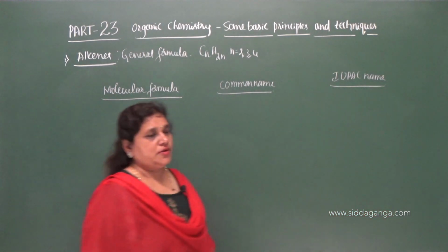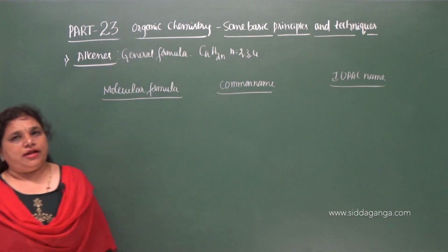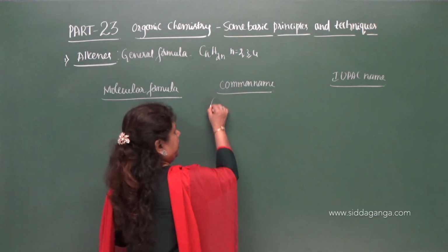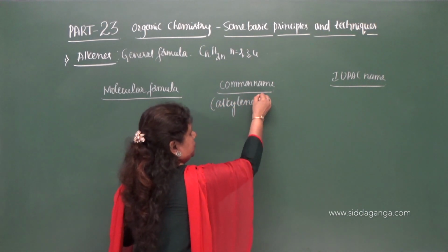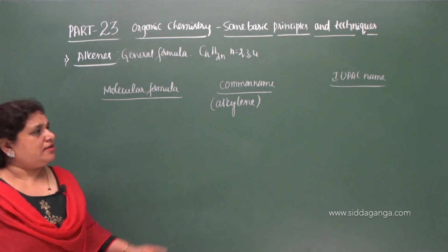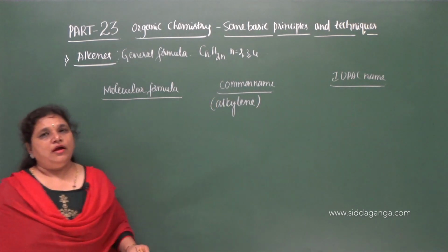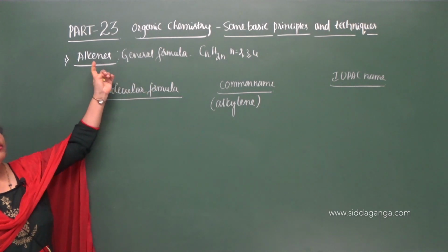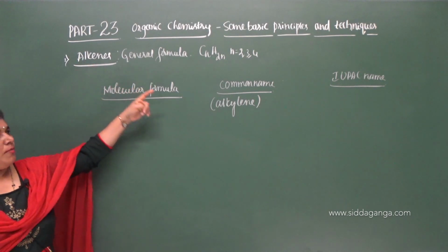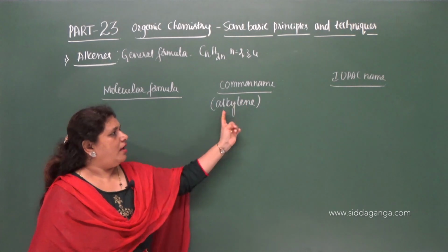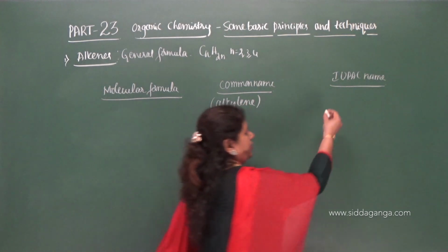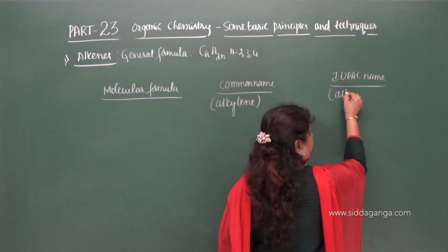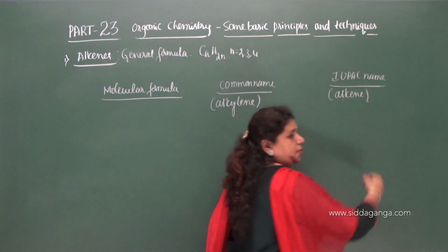So the common name of alkenes is alkylene. So alkylenes are the common names of the alkene series. Alkylene is the common name, and alkene is the IUPAC name.